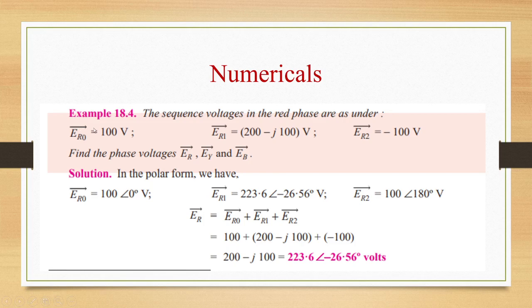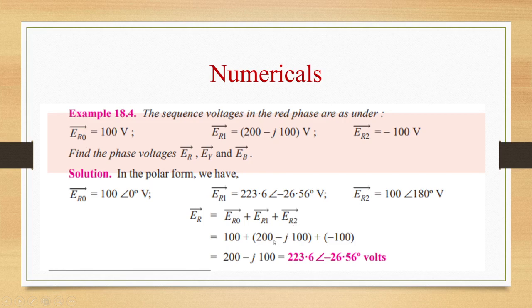So we are converting these rectangular forms into polar forms. Directly in the calculator we can do it. ER is equal to ER0 plus ER1 plus ER2. Adding the values 100 plus 200 minus J100 plus minus 100. Because we are adding here, do it in rectangular form.